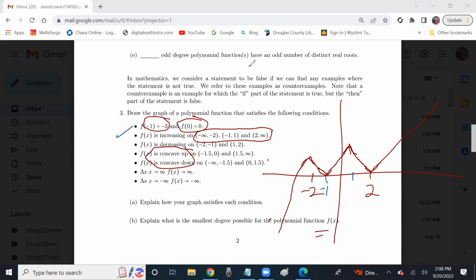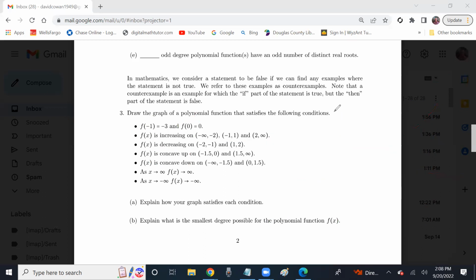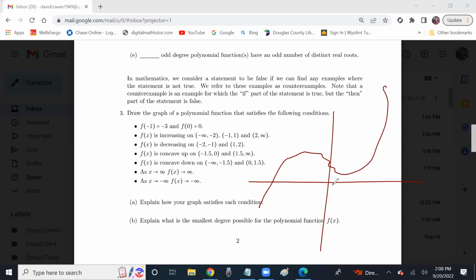Just so that you know, this is concave down. This is concave up. And right there in between is neither. Okay. That makes sense.